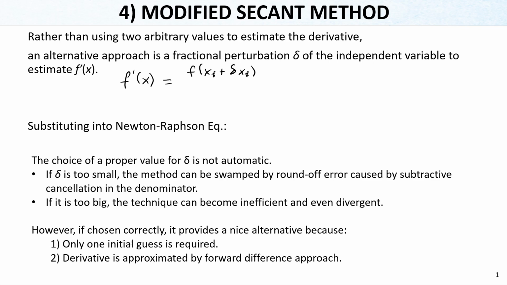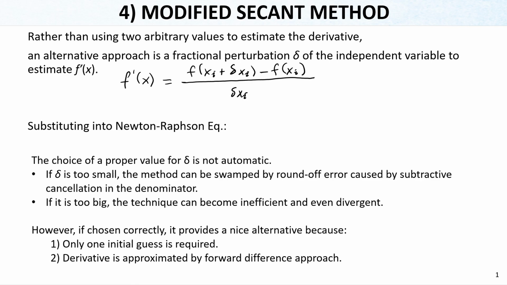Again, this is a different value from f of xi. Then in the fraction we will have xi plus delta xi minus xi, but the xi's cancel out, so delta xi stays by itself. So this is the function that we want to use instead of the actual backward difference.